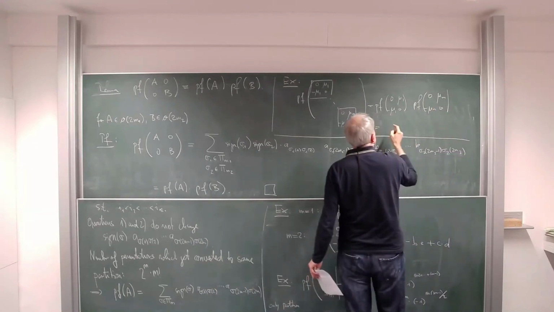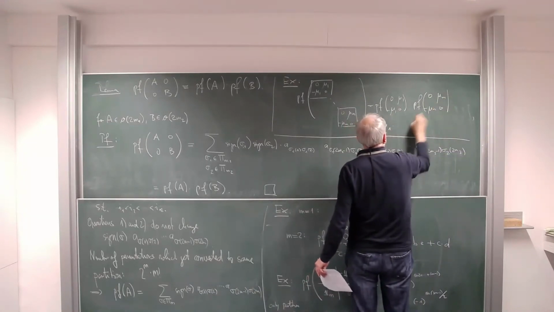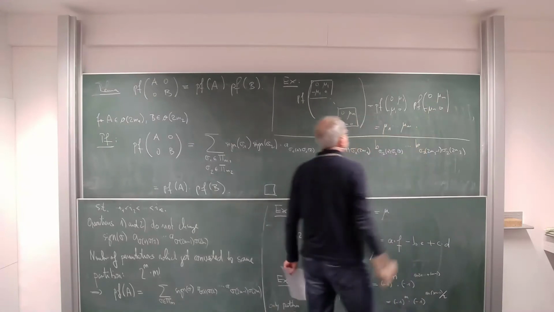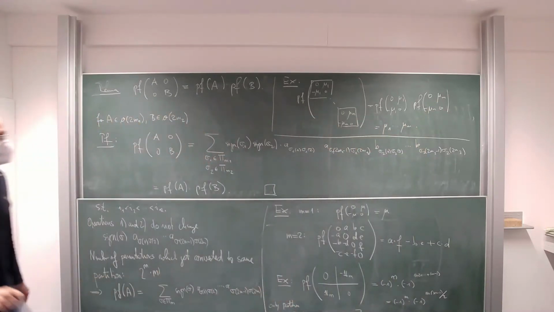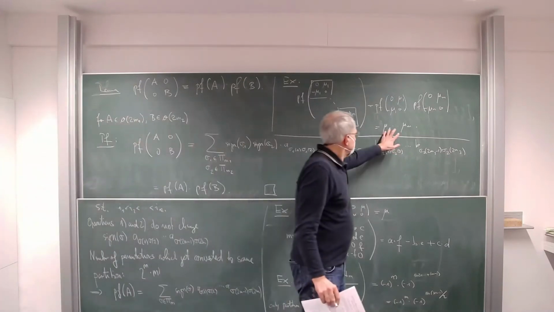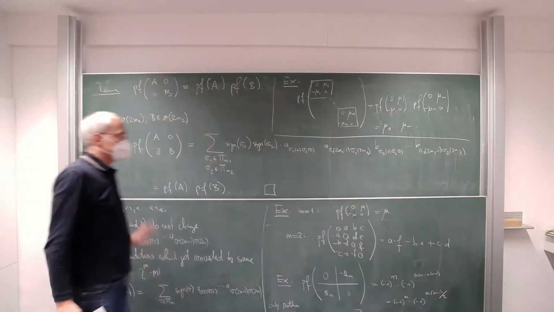And this we have computed earlier. This gives me mu1 and this gives me mu(n). And remember the determinant of this matrix is mu1 squared all the way up to mu(m) squared. So that's already good. So this thing squares to the determinant. That's good.